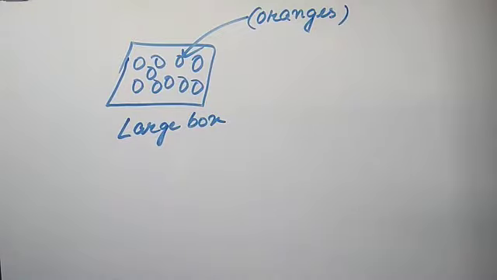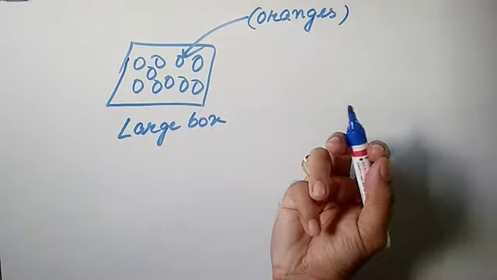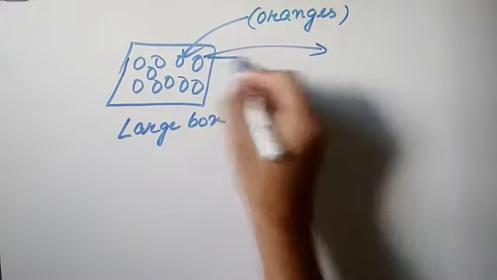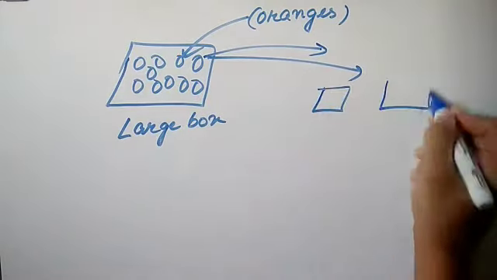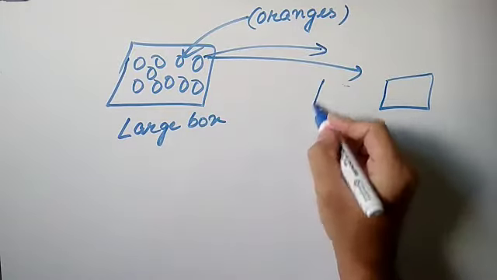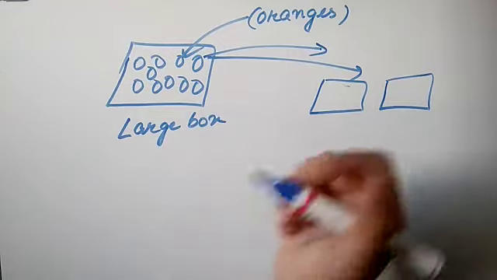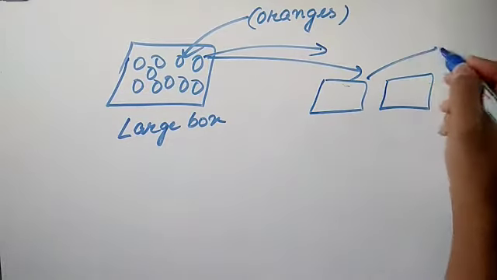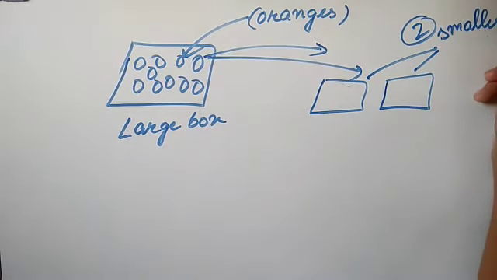When all those oranges are taken out from this large box, it fills how many smaller boxes? Two smaller boxes.